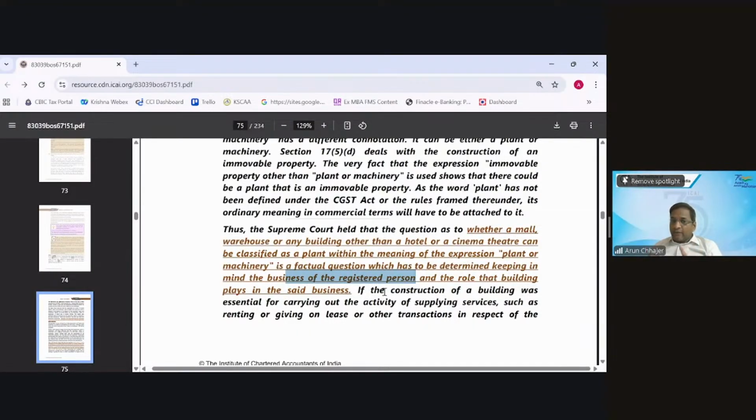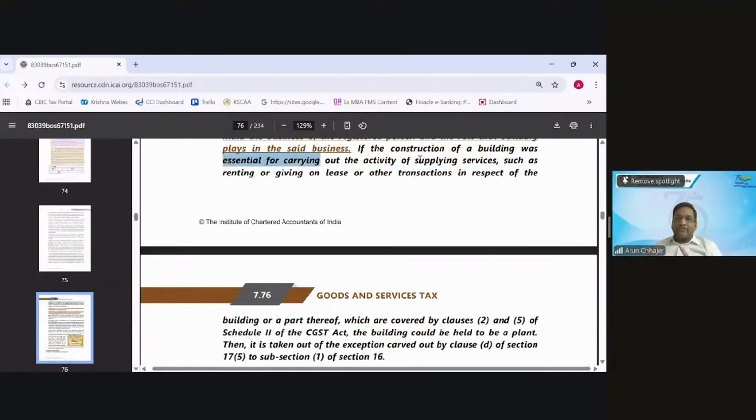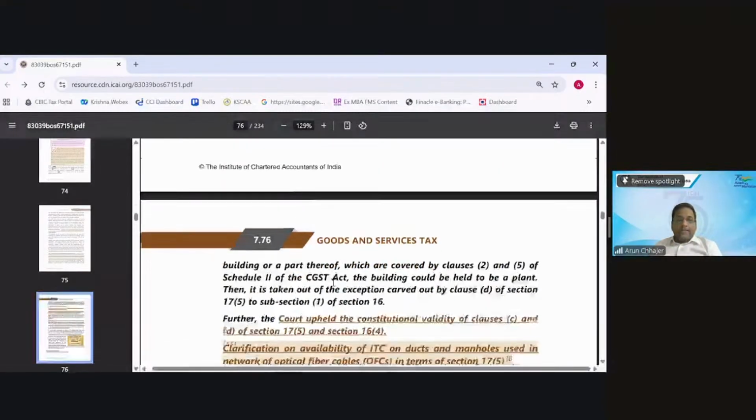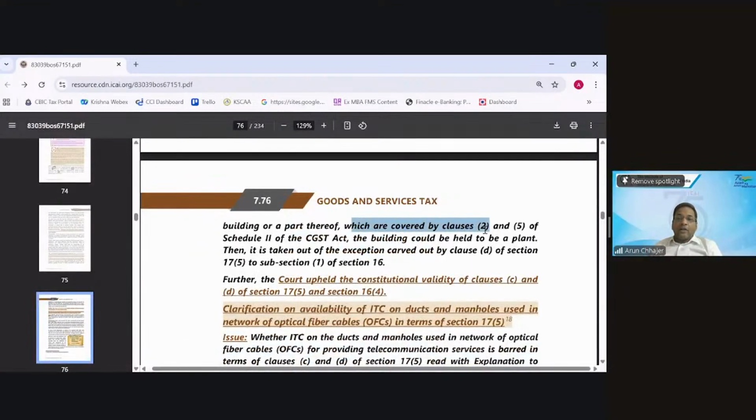If the construction of the building was essential for carrying out the activity of supplying services such as renting, giving on lease or other transactions in respect of the building or part thereof, which are covered in clause 2 and clause 5 of Schedule 2, the building could be held as a plant. Then it is taken out of the exception covered by clause D of 17(5) and Section 16 subsection 1. Further, the court upheld the constitutional validity of these provisions.